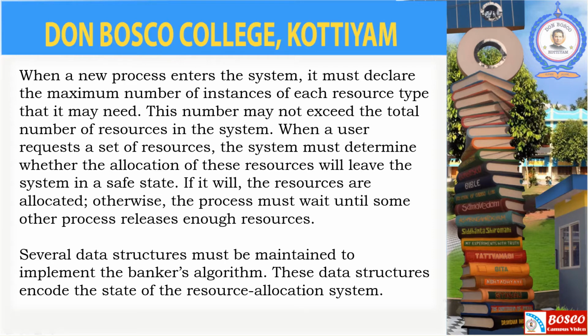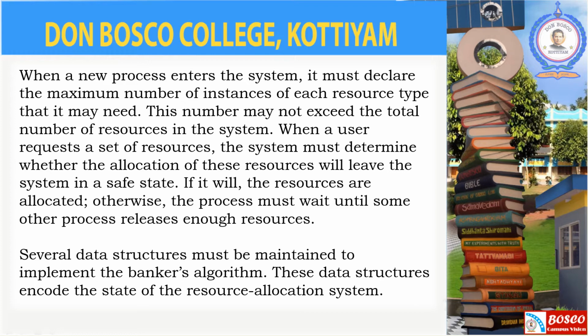Here in Banker's algorithm, when a new process enters the system, it should give the maximum number of instances of each resource type that the process may need to complete its process. And this number may not exceed the total number of resources available in the system.